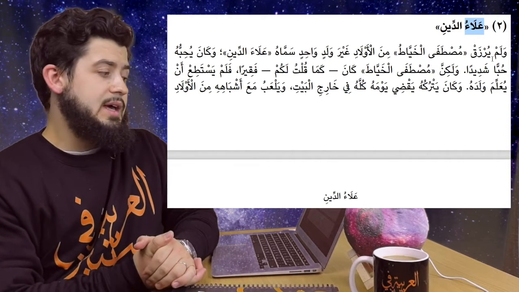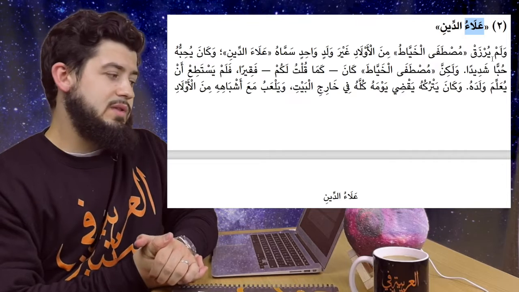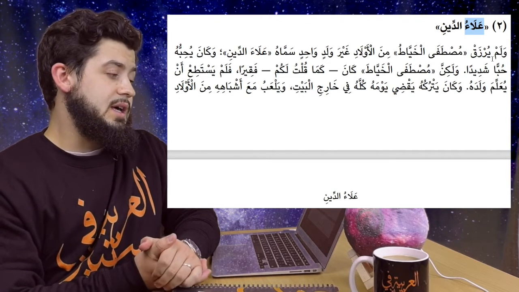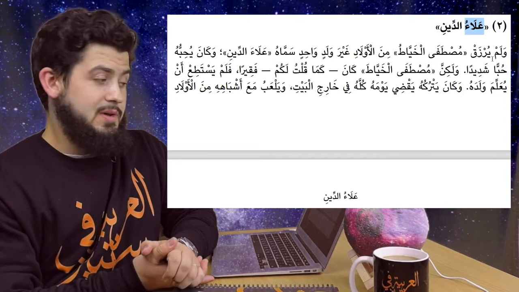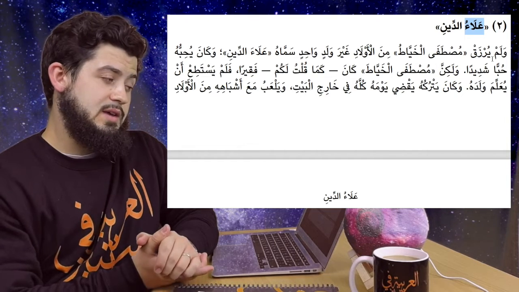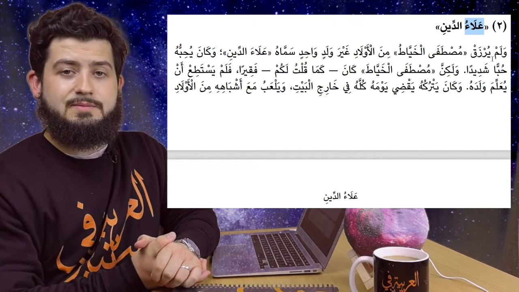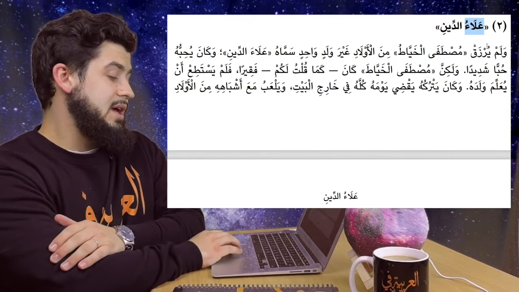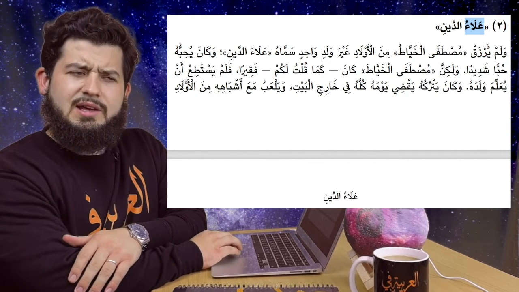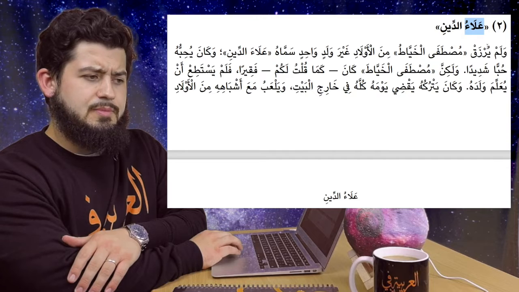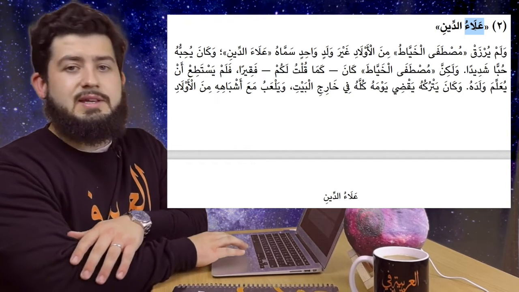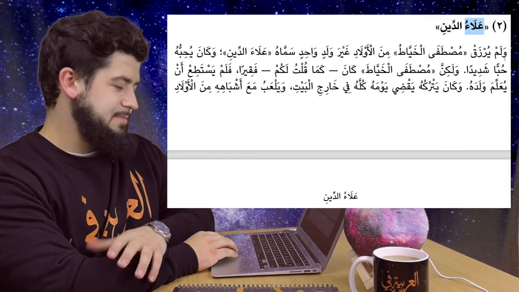But that's not necessarily the case, because with a mudaf like this, the first part of an idafa construction, you do not have the alif and the lam, but you just have the one dhamma on the end, which tells us that it is definite. So ala'u, how did we translate that in the last lesson? I think it was the nobility, or the highness, of ad-din, of the deen, and that's the name.